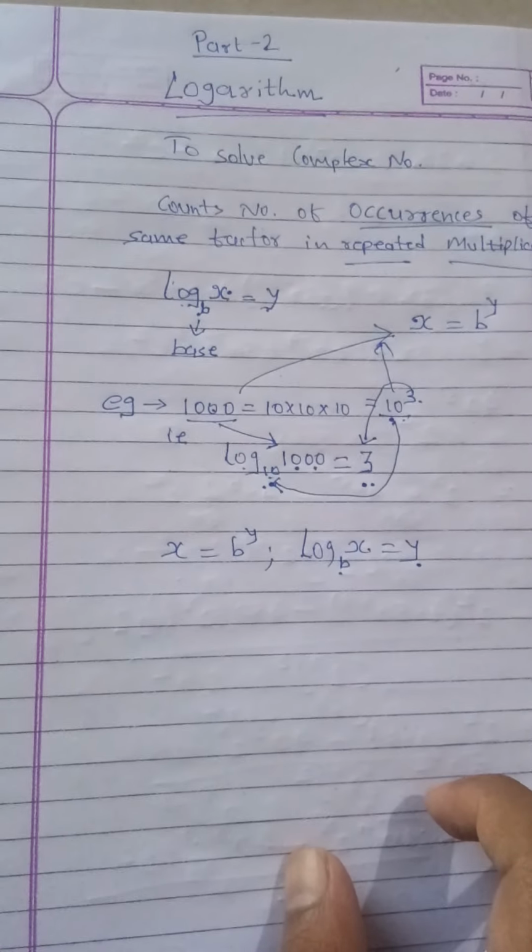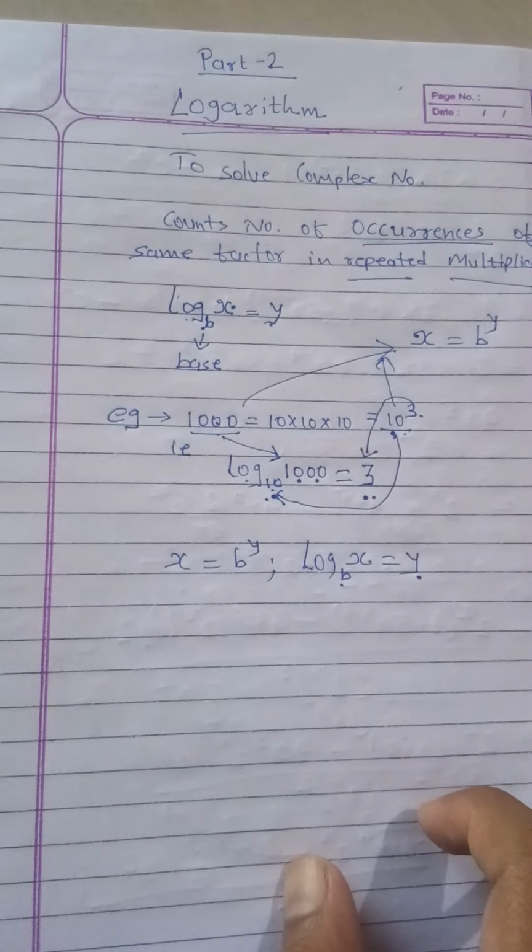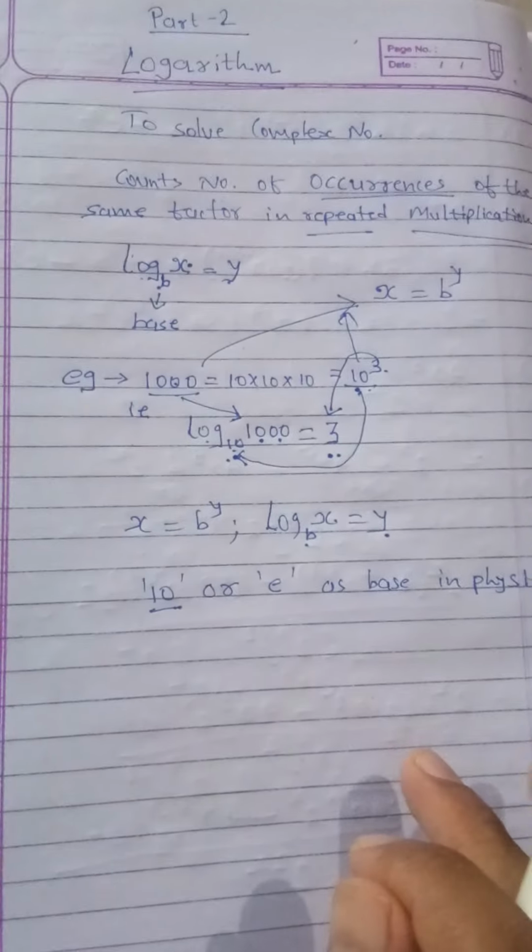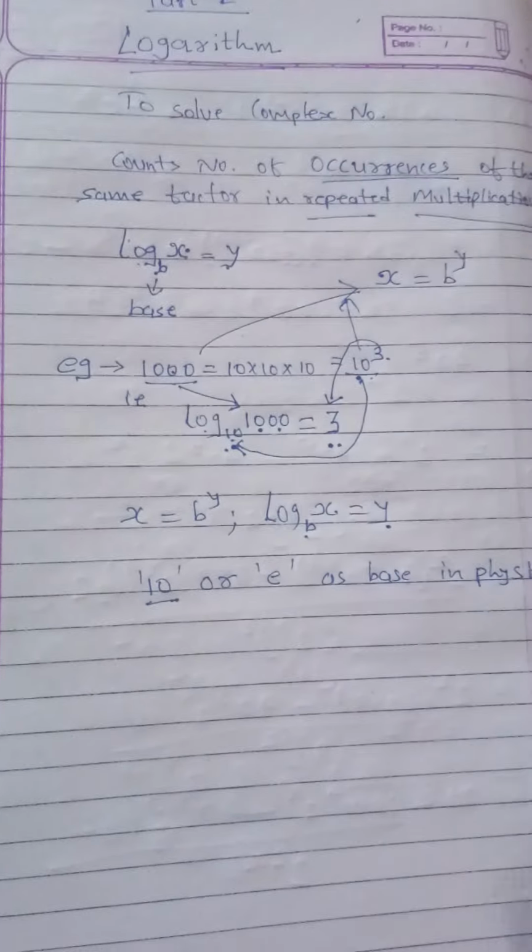Generally 10 or e is taken as a base in physics. Right now we will take generally 10 and e as bases. And how can we find log for different values? We will see later.